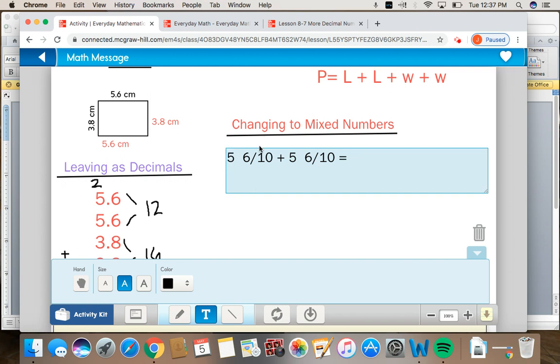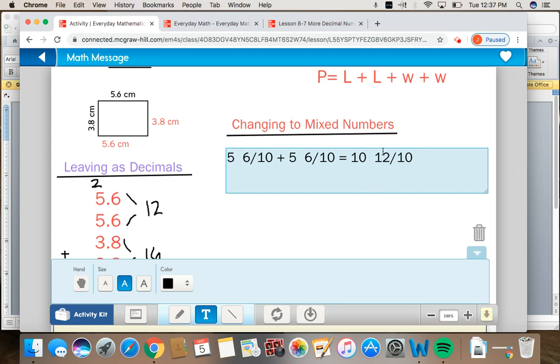Here are my whole numbers. I have my 5 plus 5 gives me 10. And to add my 6 tenths plus 6 tenths, I only add my numerators, which are my sixes. 6 plus 6 is 12, and I leave my denominator the same. So I end up with 10 and 12 tenths.